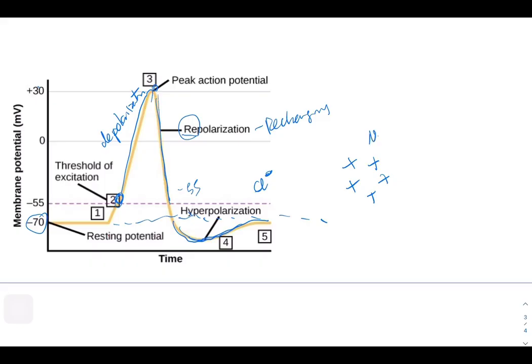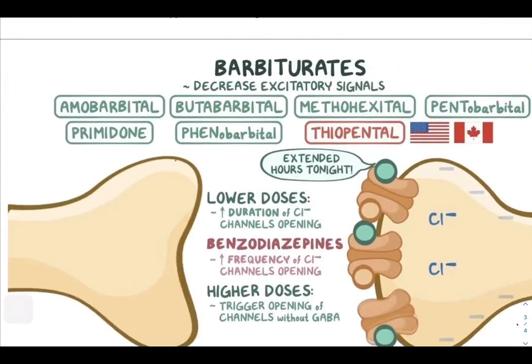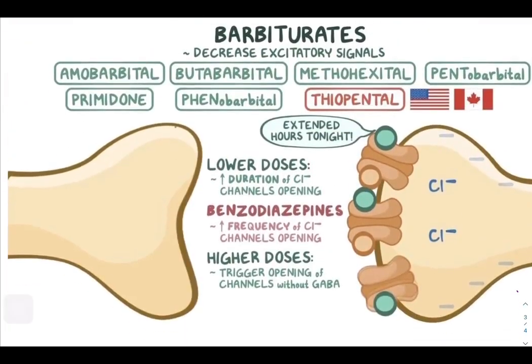Chloride is minus. Sodium, potassium, and calcium with the plus signs, those are your positive ones. Now, let's remember that chloride ions make it more and more hyperpolarized, and apply this to these pictures.